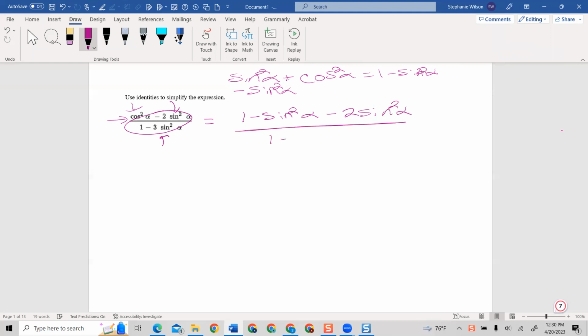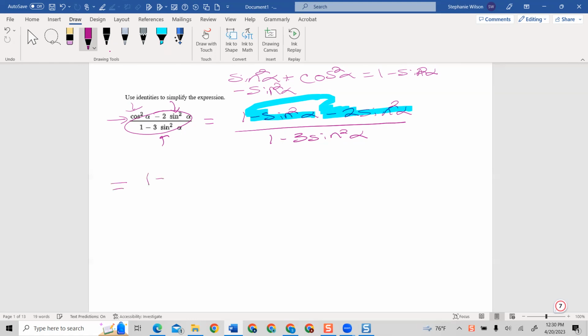All right, so now let's clean it up one part at a time. We can clean up the numerator. I see the 1 there, but I have negative sine squared alpha minus 2 sine squared alpha. Those are like terms, so I can put them together. It's like saying I'm in the hole $1, and I spent 2 more.